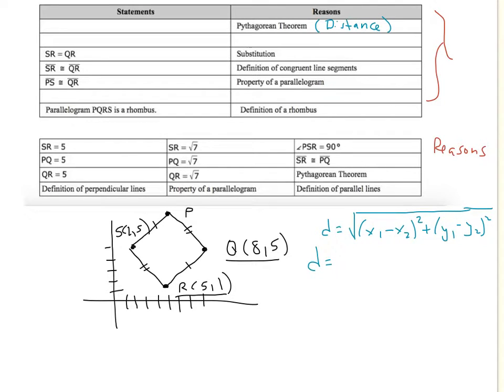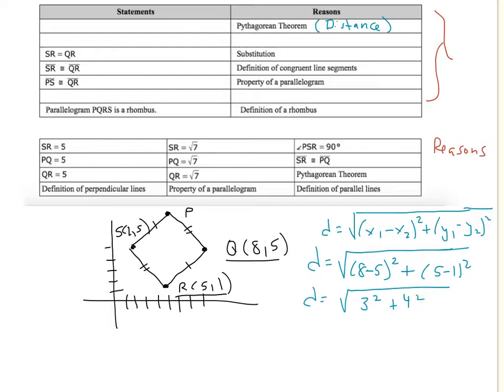So if I find the distance of, say, QR, then I can use the square root of (8 minus 5) squared plus (5 minus 1) squared. The distance between those would be 3 squared plus 4 squared. 3 squared plus 4 squared is 25, so this is the square root of 25, which is 5.